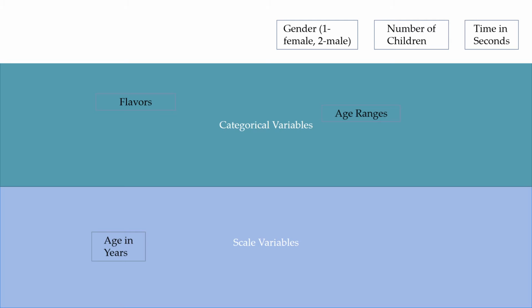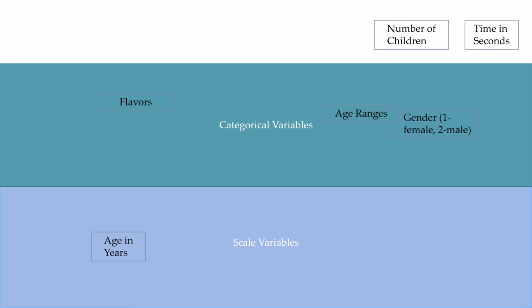Gender doesn't have any innate numbers to it. I just made up these numbers, one for female and two for male. There's no reason to say females are 1 and males are 2 unless you think females are the superior sex for some reason. But other than that, you really shouldn't be ranking them. So these numbers are just really made up. It's still categories, we're just giving them numbers, and so it's still a categorical variable.